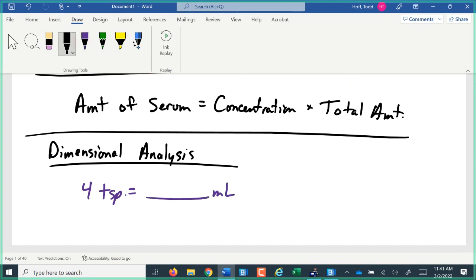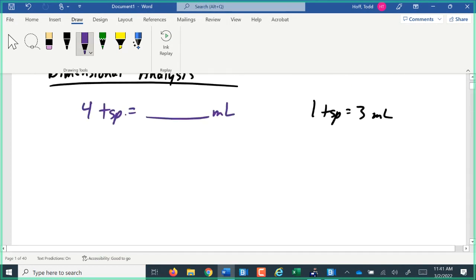You look up the equivalency between teaspoons and milliliters, and we find that 1 teaspoon is, sorry, 1 teaspoon is 5 milliliters.